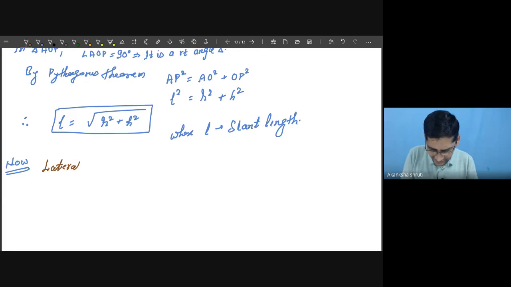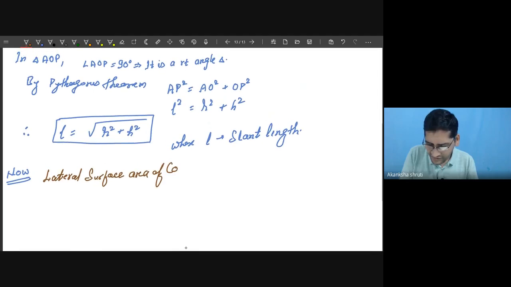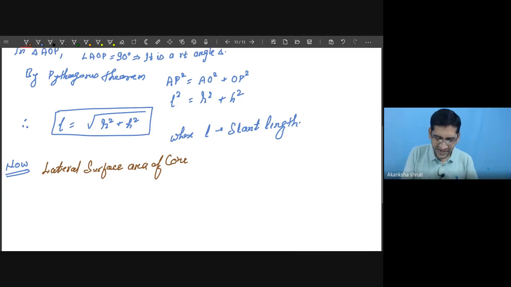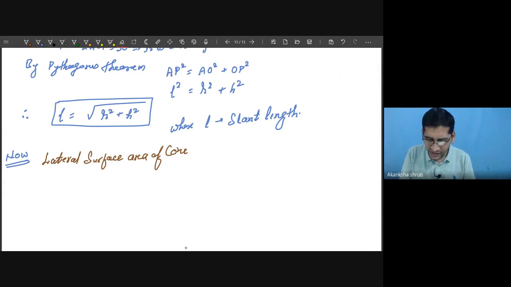So one is the lateral surface area of cone. This lateral surface area of cone is obtained in terms of the slant length, but the slant length L can be calculated with the help of R and H. This lateral surface area, LSA, also called curved surface area, is obtained how?